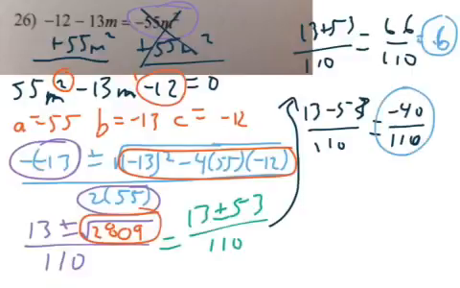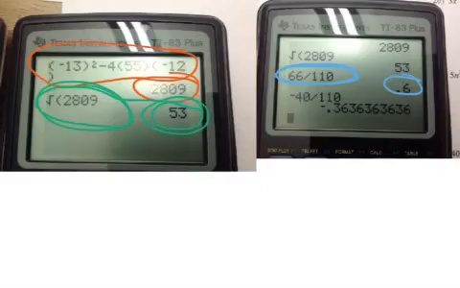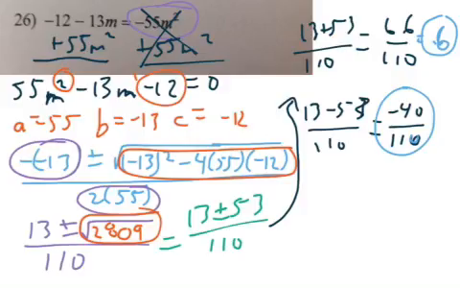And when I do negative 40 divided by 110, I get negative 0.3636 and so on. So I'm just going to say negative 0.36 and put a bar repeating, right?